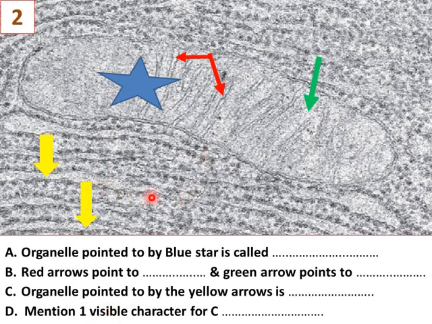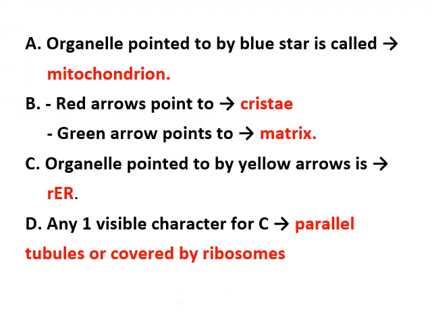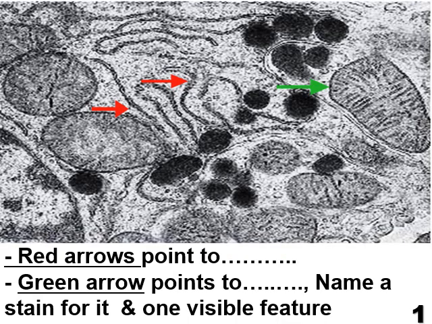If asked to predict the cell in which these organelles are present, it is a protein-producing cell. This is an EM picture showing mitochondria and rough endoplasmic reticulum. Visible features: the cristae, and for the rough endoplasmic reticulum, the presence of ribosomes on the outer surface.